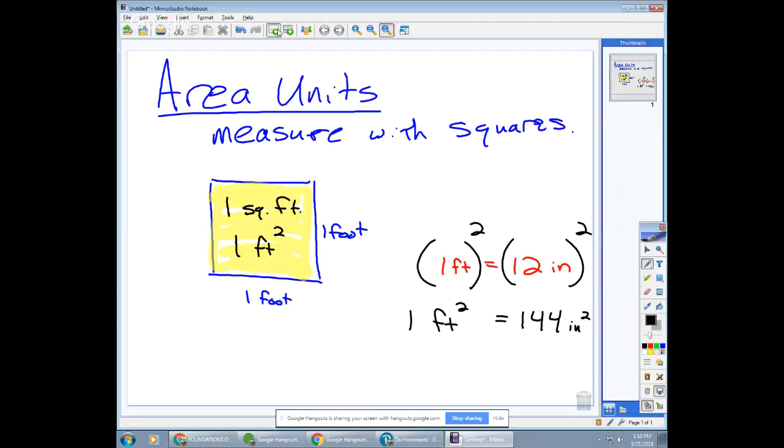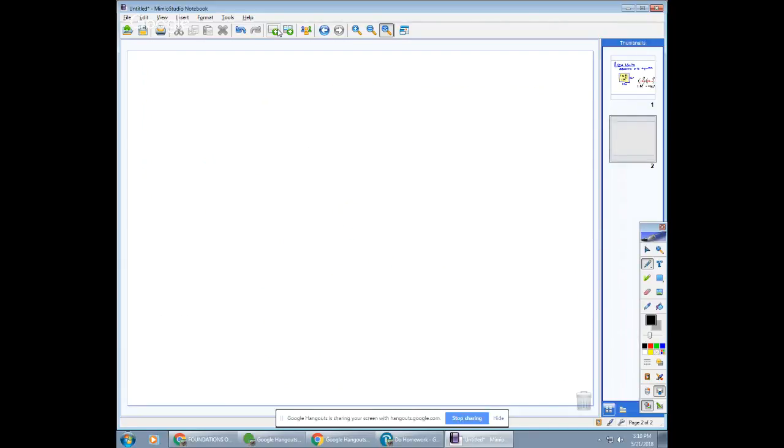So for example, if I have 1 square meter, what would that be in square centimeters? So write down what you know about meters and centimeters and see if you can convert it to an area measurement.